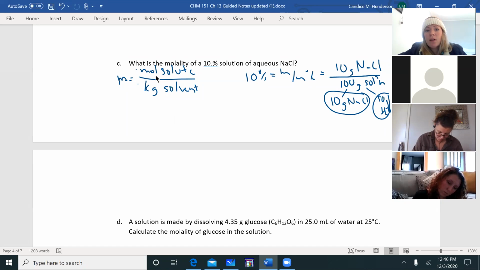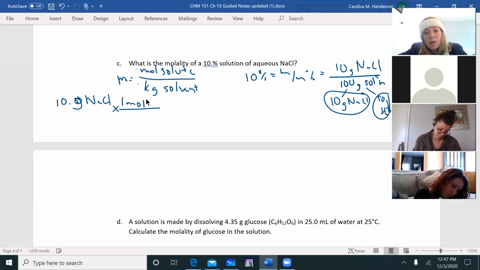Well, I need kilograms of solvent and moles of solute. Can I get those from these two things here? Yeah, pretty easily. So if I know that I have 10 grams of NaCl, if I want to convert that into moles, for every 1 mole of NaCl, I end up with a total of, what is it, 58.4 grams of the NaCl.